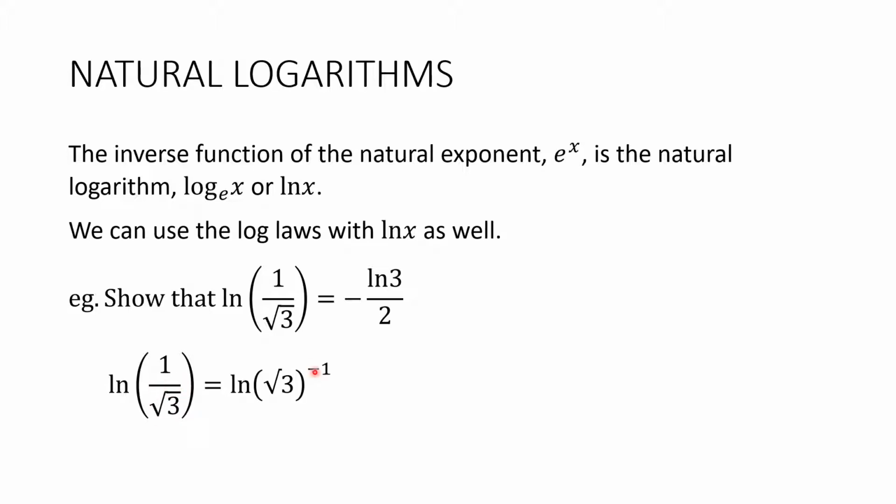Now this negative 1 can come out the front. The next thing I can see is that I've got the square root of 3, which is 3 to the half. And then finally this half can come out the front. I could write that as negative a half ln 3, but I want it in this form here. So I've got the negative, and I've just absorbed that 1 up the top, 1 times ln 3. And so I've shown that this is equal to this.